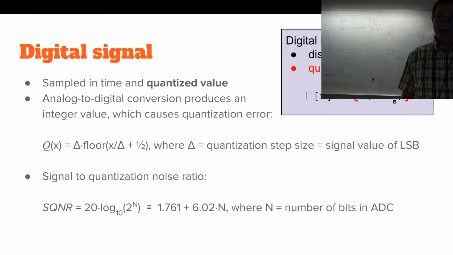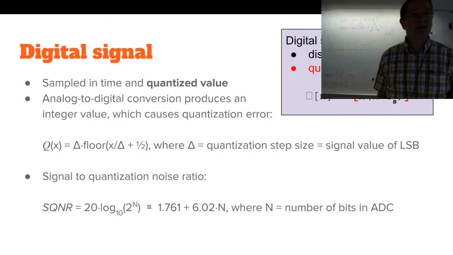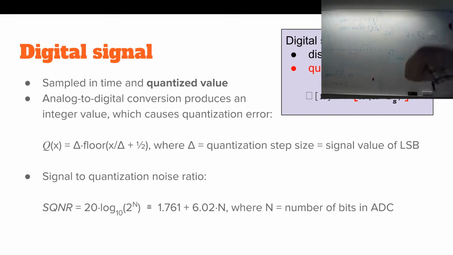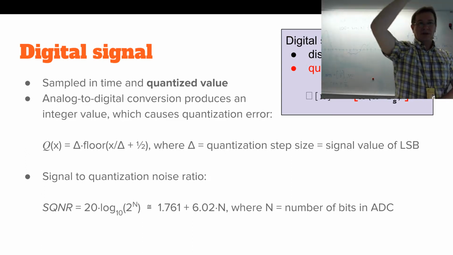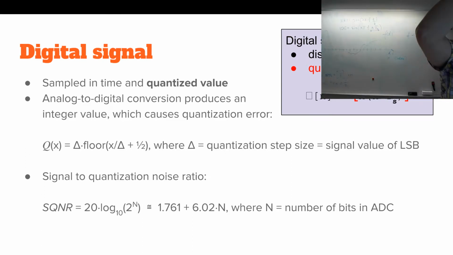So if you have a normal audio signal, that is something like an 80 dB range. That tells you it's supposed to be at least 16 bits or something like that.